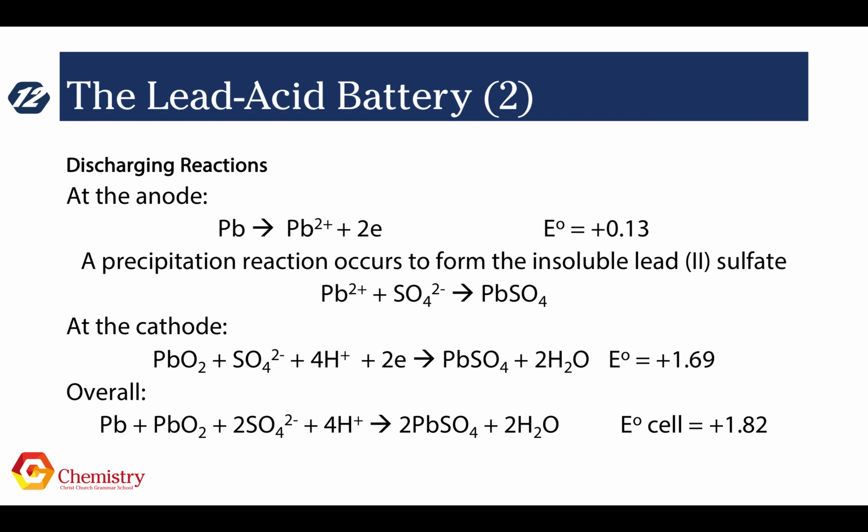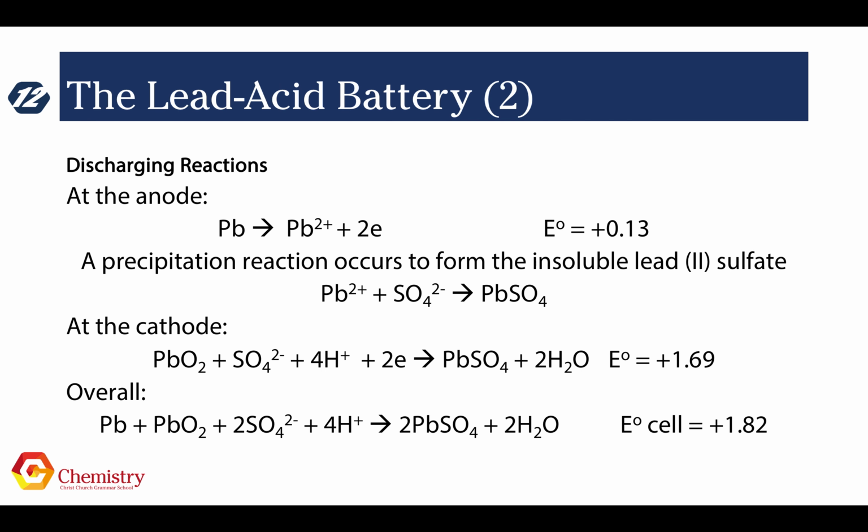At the cathode, you can see there's a similar reaction with the lead oxide, but obviously because it's at the cathode, it's a reduction. So here we're gaining 2 electrons, and we also form lead sulfate.